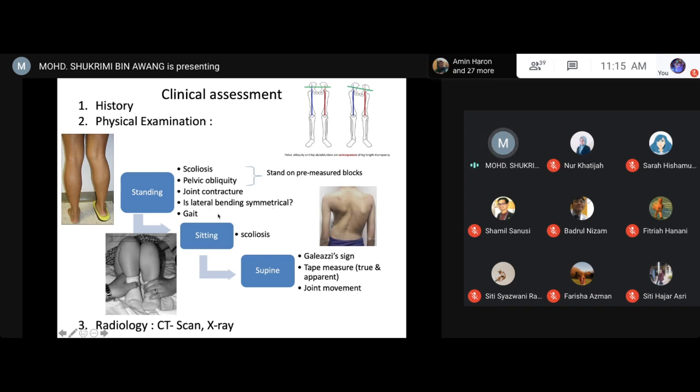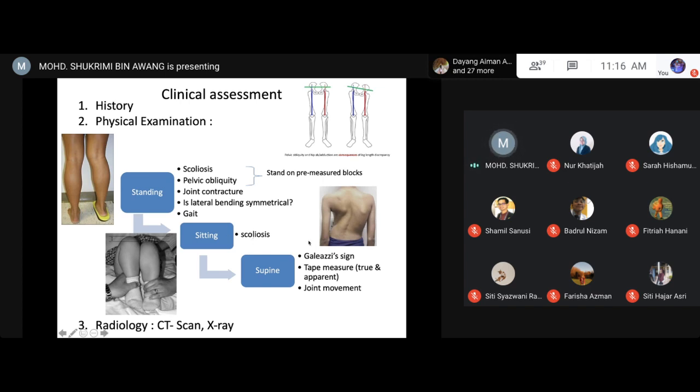We look at the gait. Then we assess scoliosis. If the patient sits and the scoliosis remains, it means that it could be structural rather than postural. The other test is what we call the Adam test.